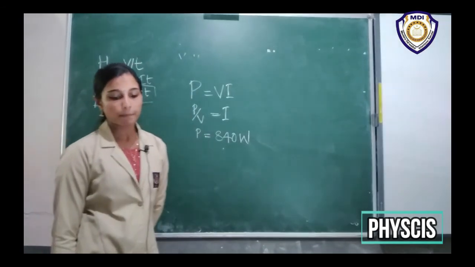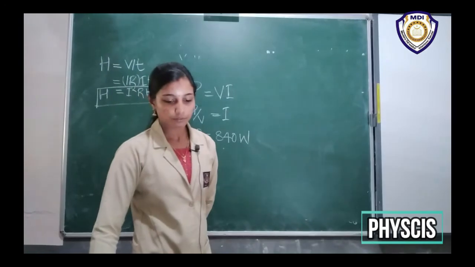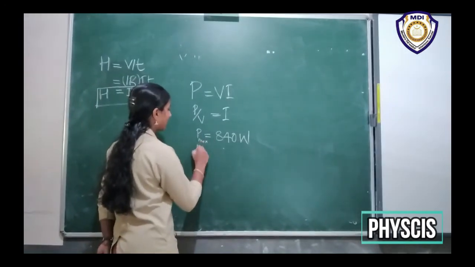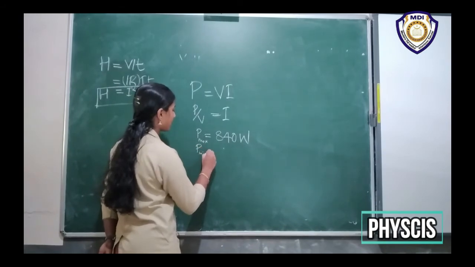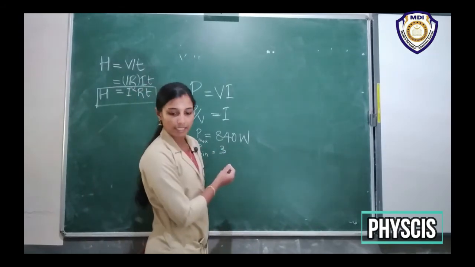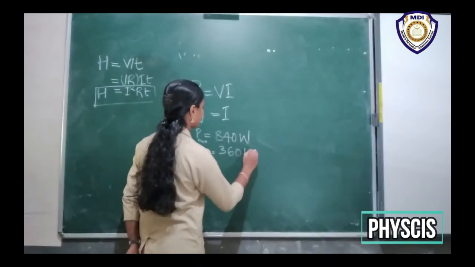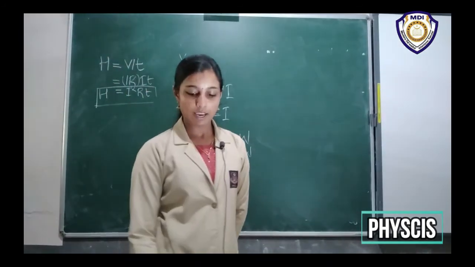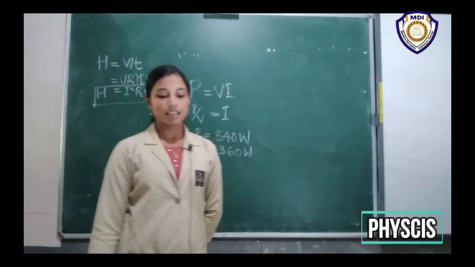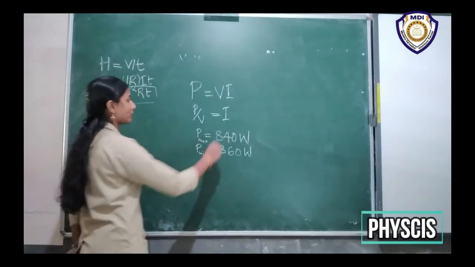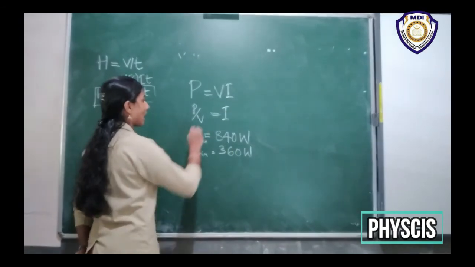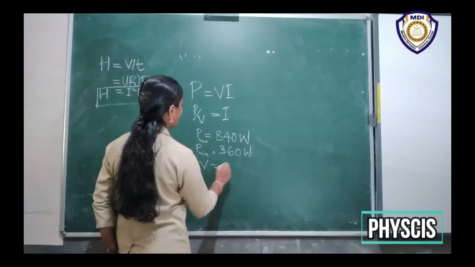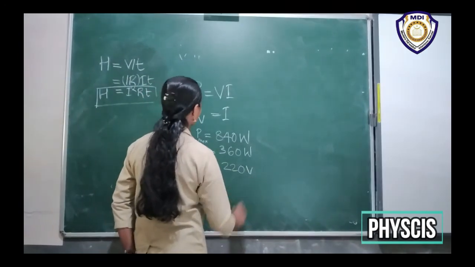And when heating is minimum, P is equal to 360 watt, right? So we have to find the current and resistance in each case. So we have to find I in each case, and voltage we know it is 220 volt.